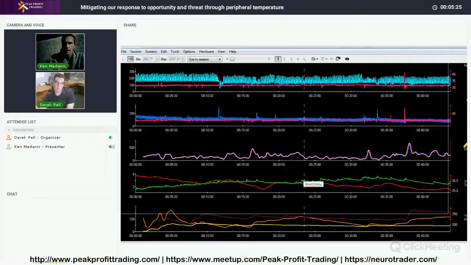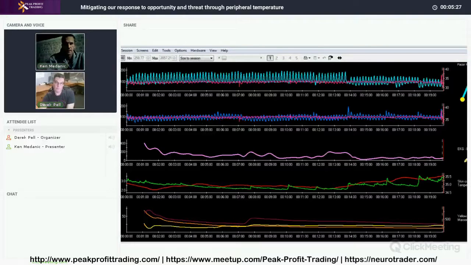And then you see that it continues, the peripheral temperature continues to change, and this is actually the point where the stop loss was hit right here.